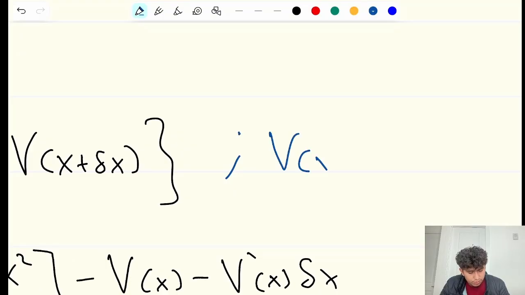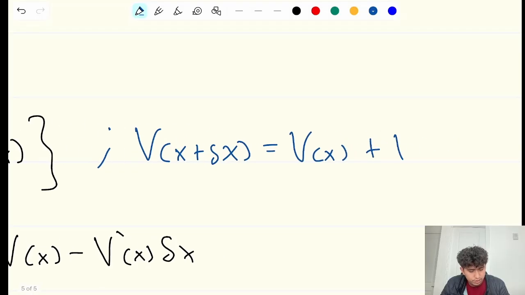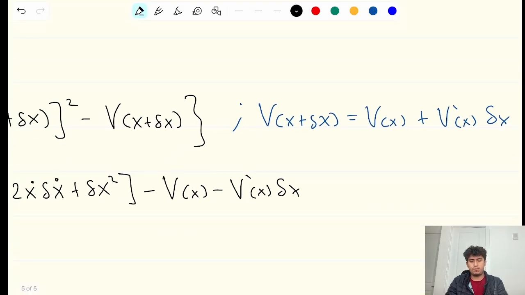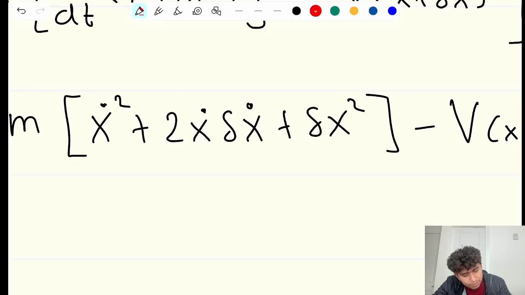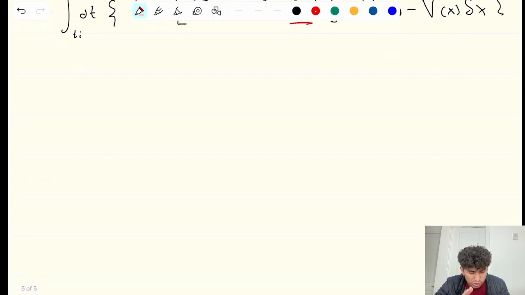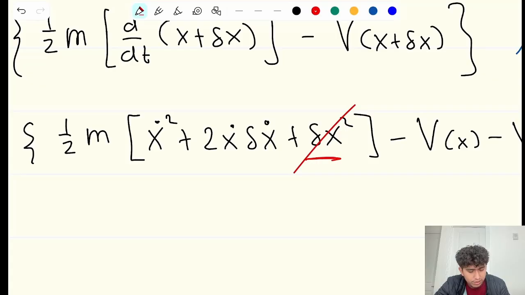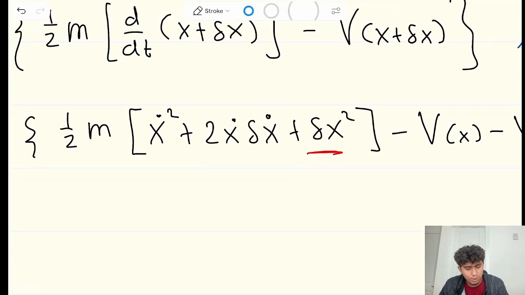So the Taylor expansion of this to first order is just b of x plus the first derivative times delta x. Cool. Next, we're going to neglect this term because we only want to calculate first order. We don't care about second order right now since it is infinitesimal. So that's 0. Just neglect it.